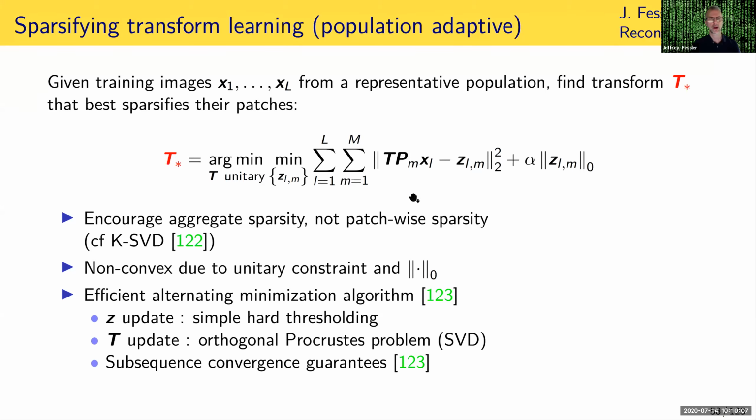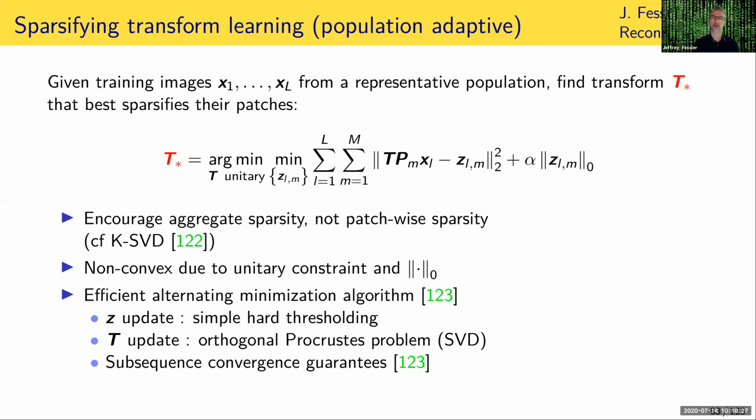I want to make a little contrast between this approach, by the way, and the KSVD approach, which is a popular approach to dictionary learning. In this cost function, I am counting the total number of non-zero coefficients in the transform of all the patches.